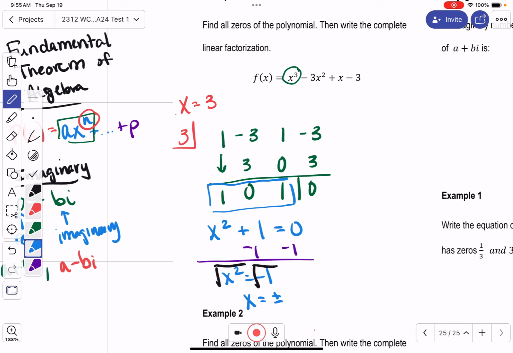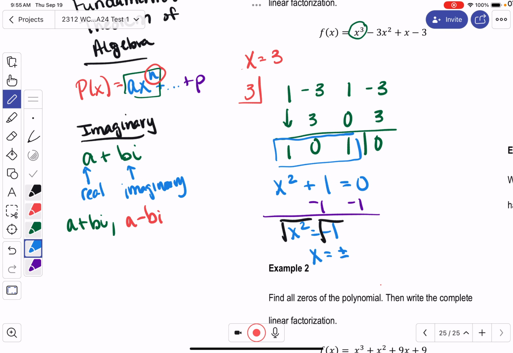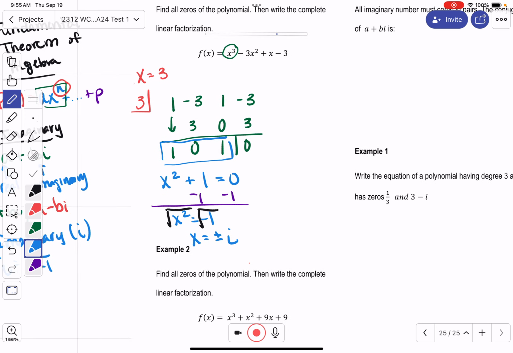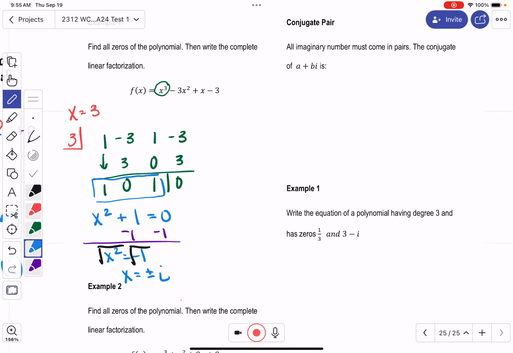By definition, the imaginary unit, also known as i, is equal to the square root of negative 1. So what we get here is plus or minus i. Now I have my solutions, which are x equals 3 and x equals plus or minus i.